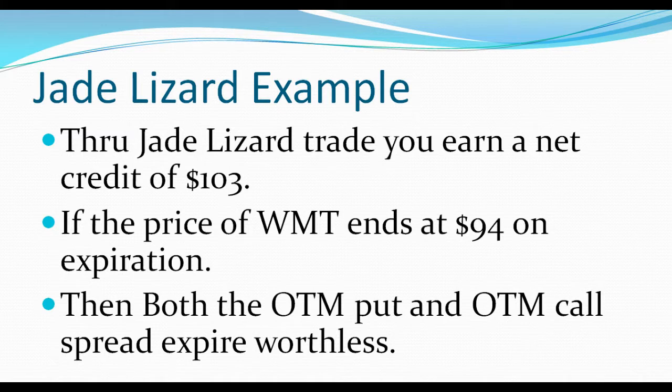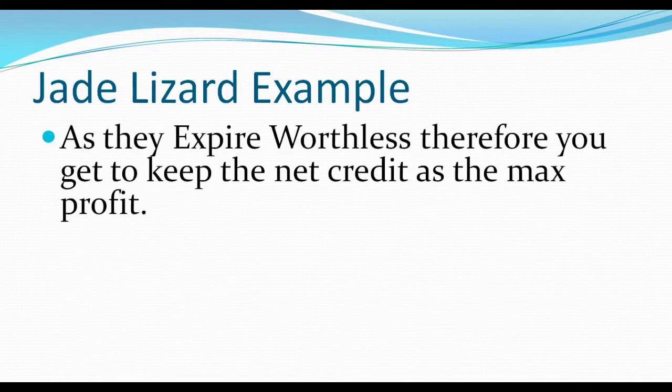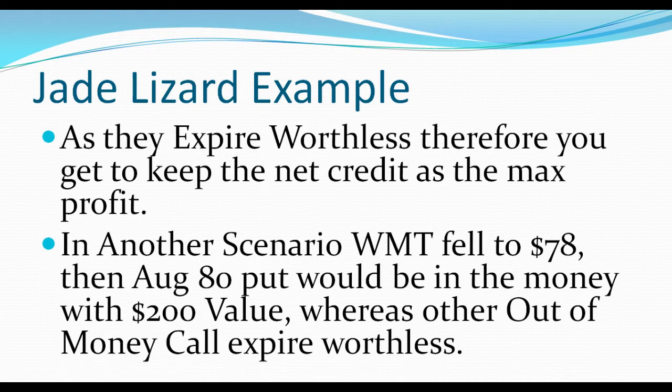But as it is below 95, both the out of the money put and out of the money call spread expire worthless. And as they expire worthless, you get to keep the $103 as your maximum profit. Therefore, the net credit is your max profit and the trade ends as you thought it would.